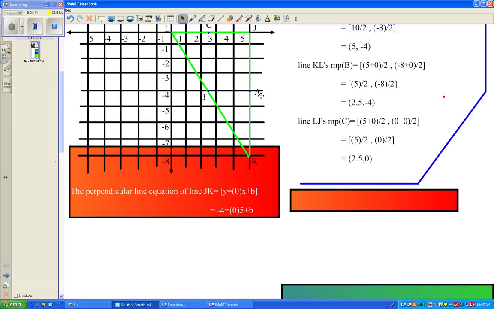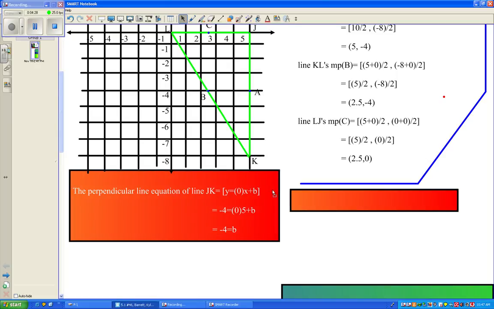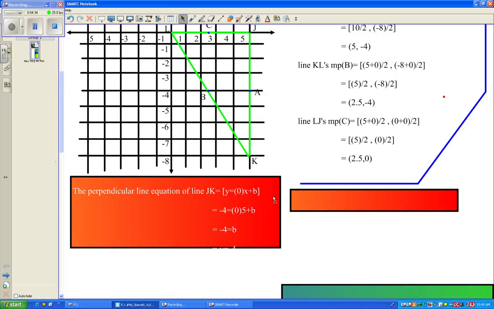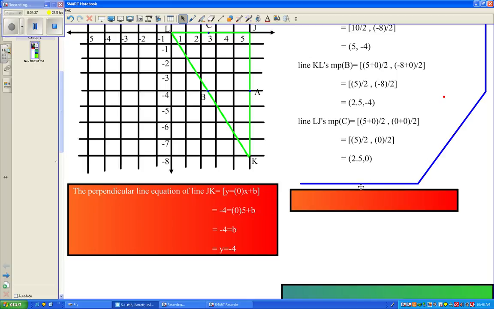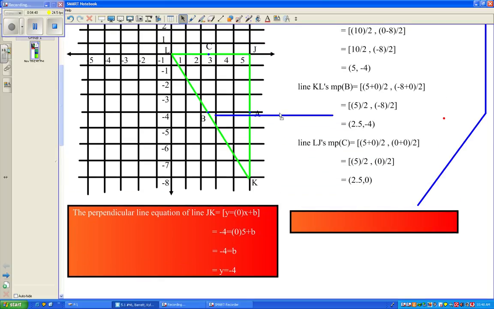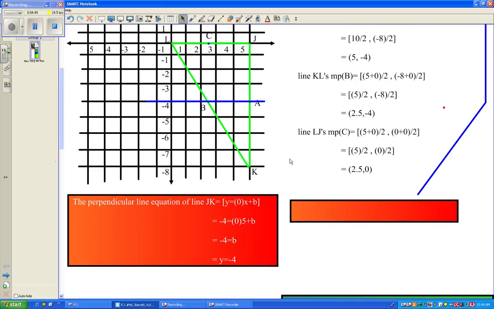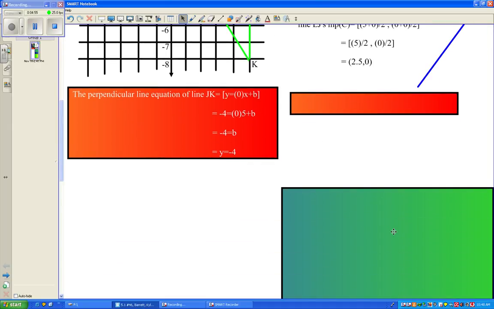So we simplified that, and then -4 equals b. And now we put that in the equation, and that equals y equals -4. Actually, because JK has an undefined slope, the new line equation has 0 slope.